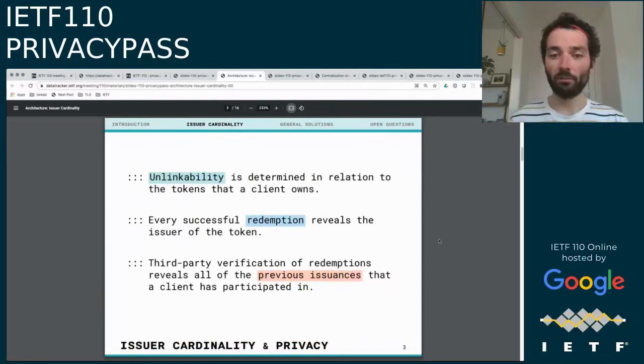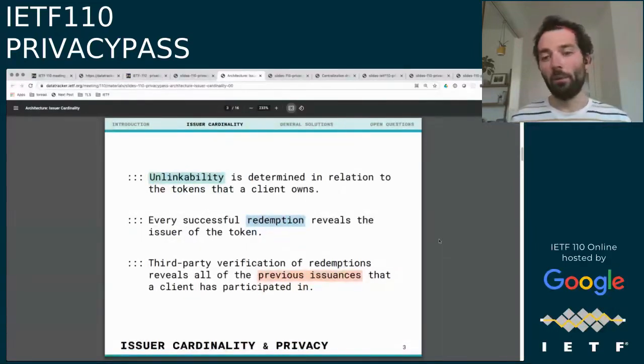And so the number of issuers in an ecosystem transitively leads to the number of different tokens, all signed under different keys, in an ecosystem as well. And so when a client redeems tokens from multiple issuers, they build a profile with which they can be linked, and that client identity is then linked to the anonymity set of clients that possess all the tokens that client has redeemed.